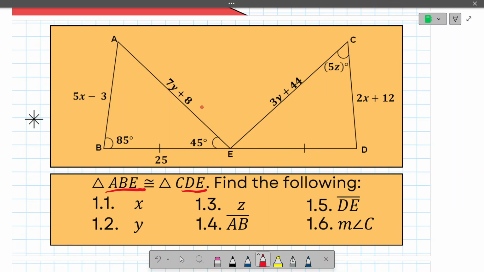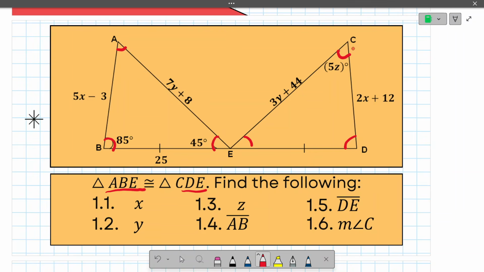Let's say itong E nito and this angle are congruent. So this angle here and this angle here are congruent. This angle here and angle D are also congruent. And also, yung angle E natin are also congruent, and also congruent with angle C.